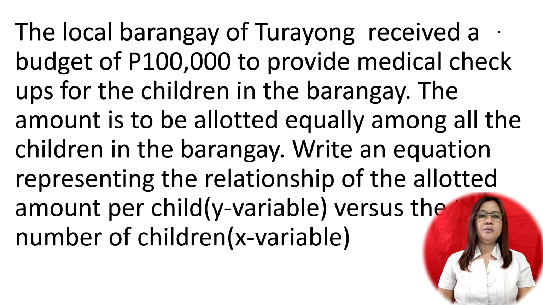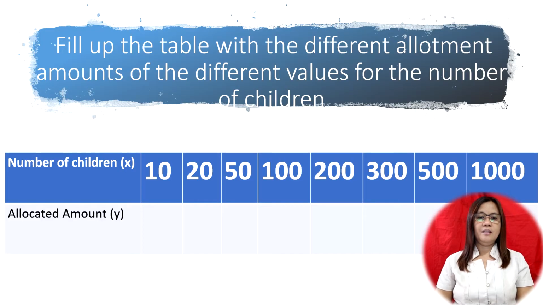Fill up the table with the different allotment amounts for the different values for the number of children. We have the number of children, x, and the allotted amount, y. For x, we have 10, 20, 50, 100, 200, 300, 500, and 1000.